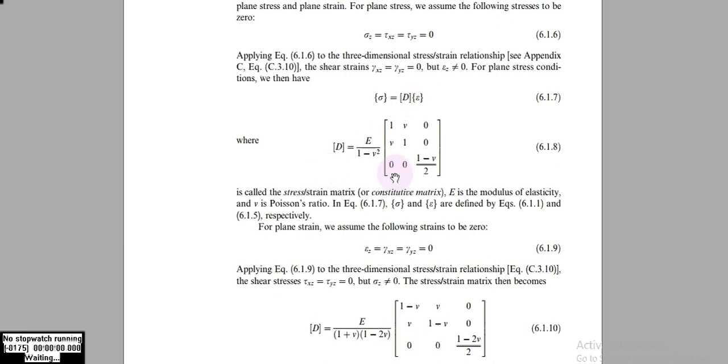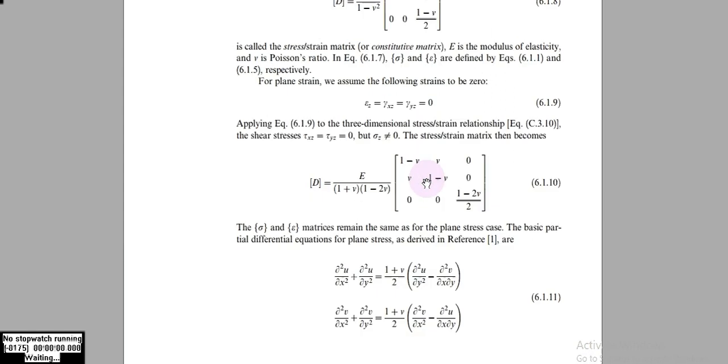Here D is equal to E upon 1 minus nu squared, times the matrix 1, nu, 0; nu, 1, 0; 0, 0, (1 minus nu) by 2. Similarly for the strains, this one is the D matrix for strains.